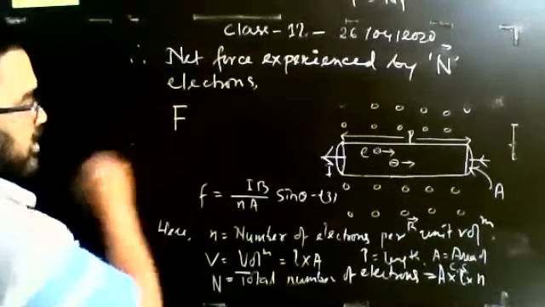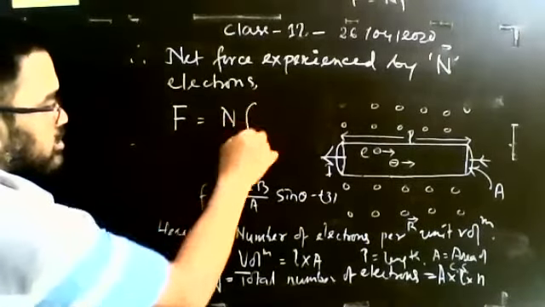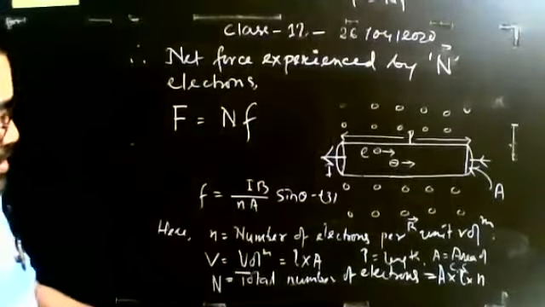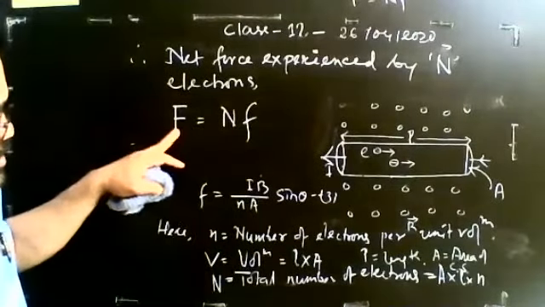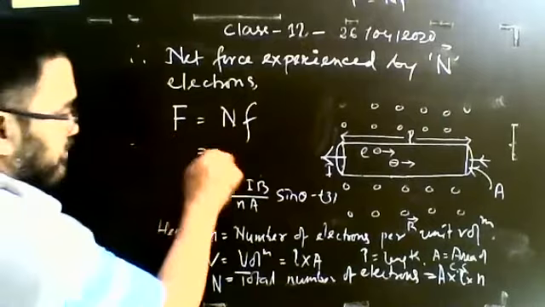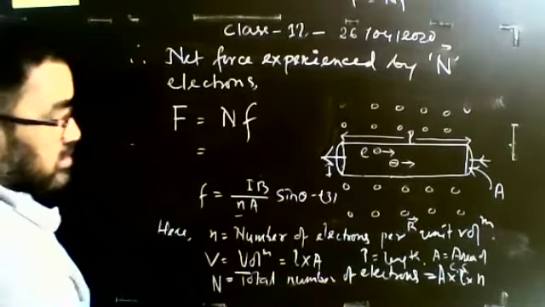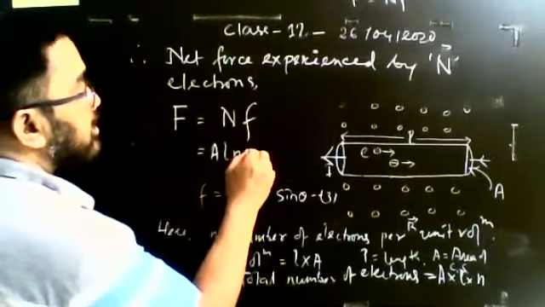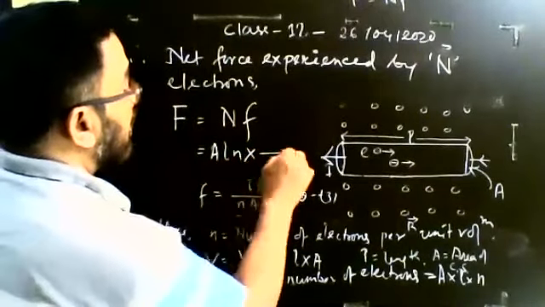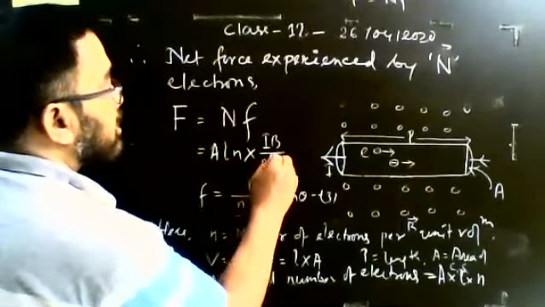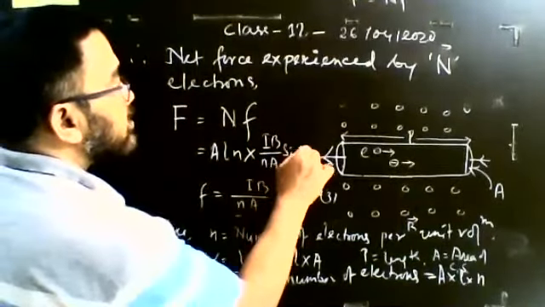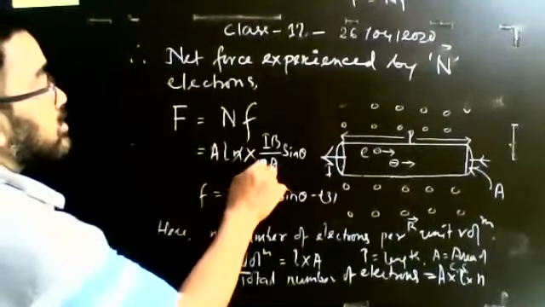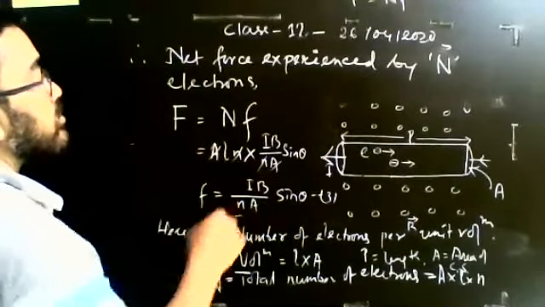Let it be represented by capital F. So F is N times small f, where small f is the force experienced by a single electron. Then all electrons will experience total force F. If you put the value of small f and capital N, the value of capital N is equal to A L n, and f is equal to e v B sine theta. The n and L cancel.